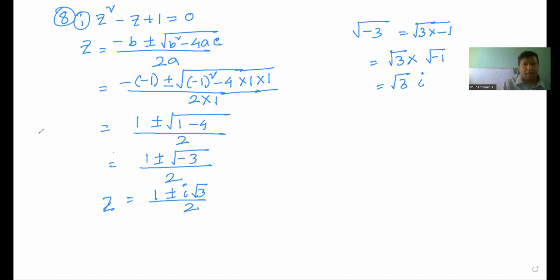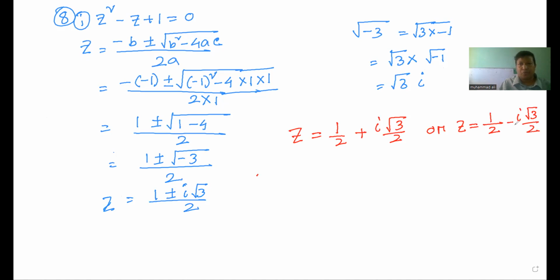So z equals 1/2 plus i root 3/2, or z equals 1/2 minus i root 3/2. This is our first answer. The two roots of this equation are z equals half plus i root 3 by 2, or z equals half minus i root 3 by 2.